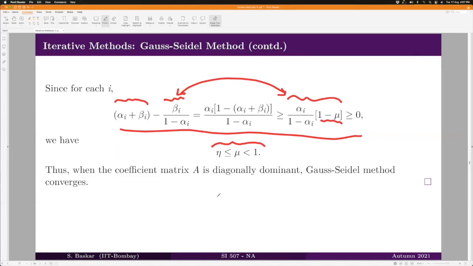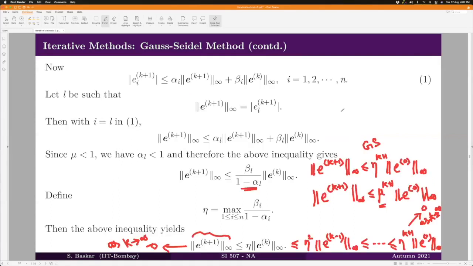So eta is less than or equal to mu. That's what we are getting. Eta is always less than or equal to mu. So you can see that the Gauss-Seidel error will go slightly faster to 0 than the Jacobi error. That is what we can observe because of this property.